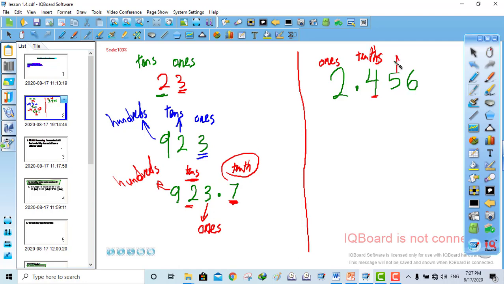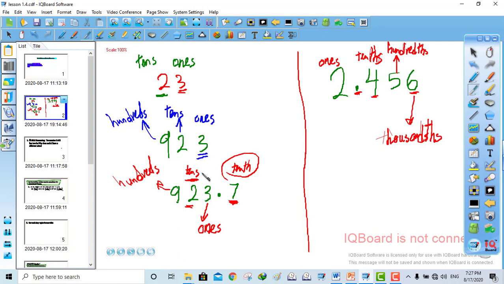And here is hundredths. And the last one is thousandths. So the first place here after the decimal point, and of course this one is a decimal point. After the decimal point, tenths, then hundredths, then thousandths.